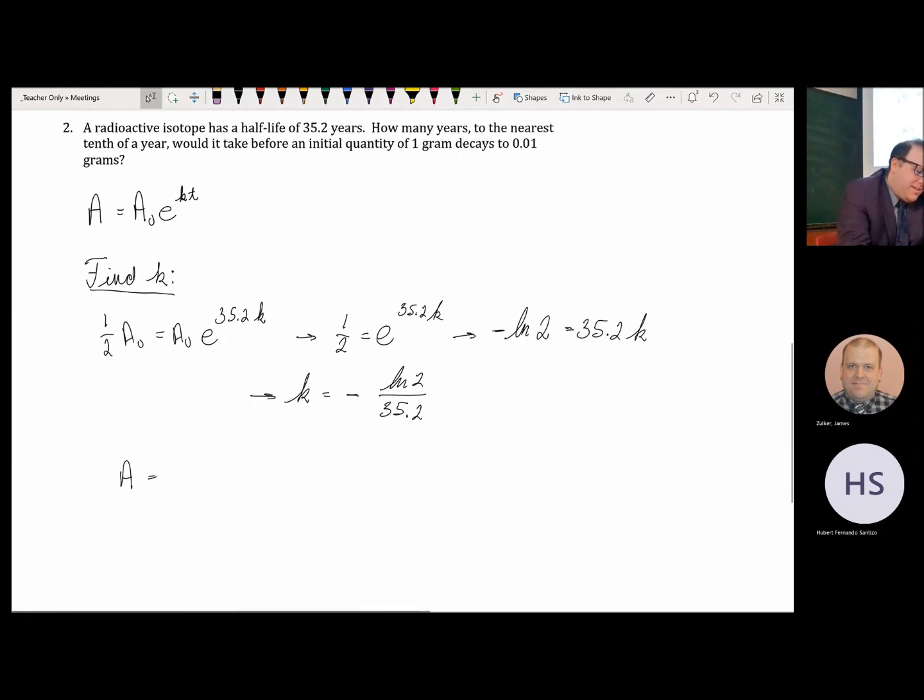Now, A naught is 1 gram, right? So I'm just going to replace A naught with 1. There should be a t there. Yes, there should.